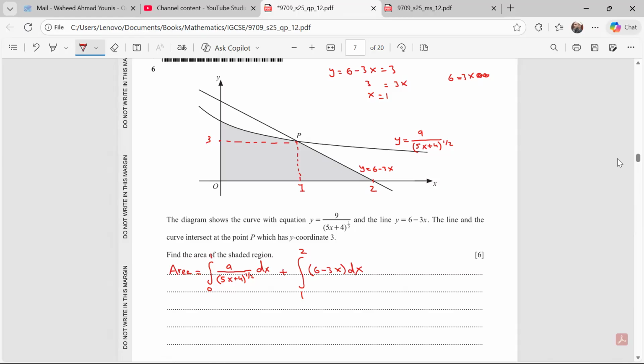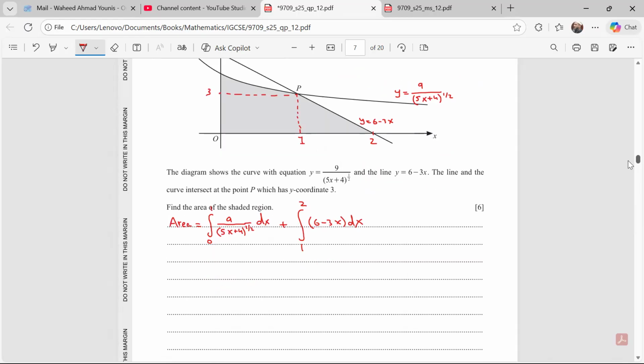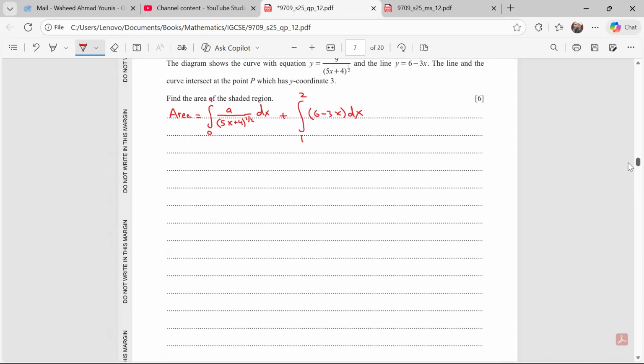Okay, so let's try to solve this integration. The first one is from 0 to 1. 9 I can take outside, and I will write (5x plus 4) to the power minus 1 by 2, dx.